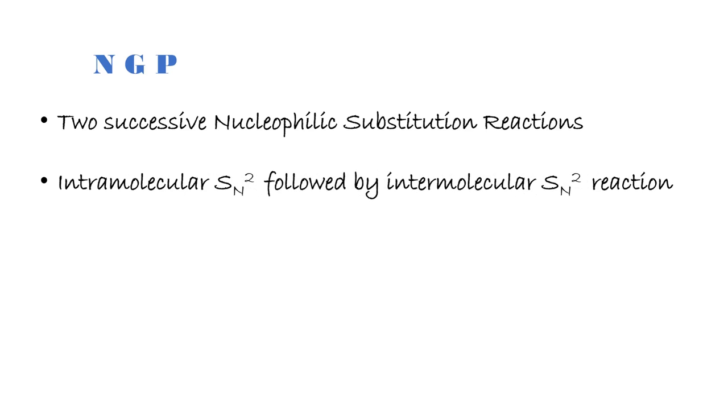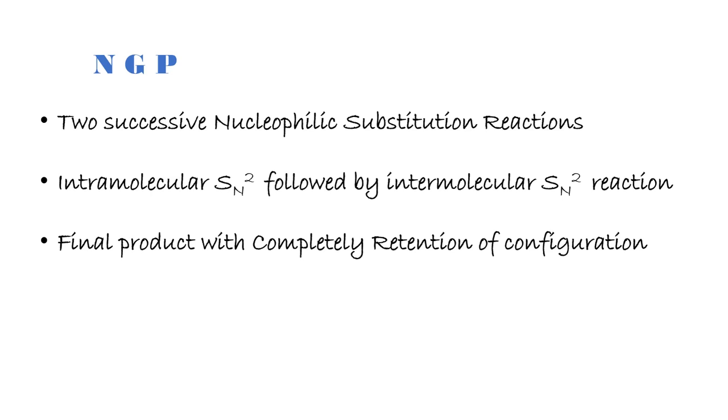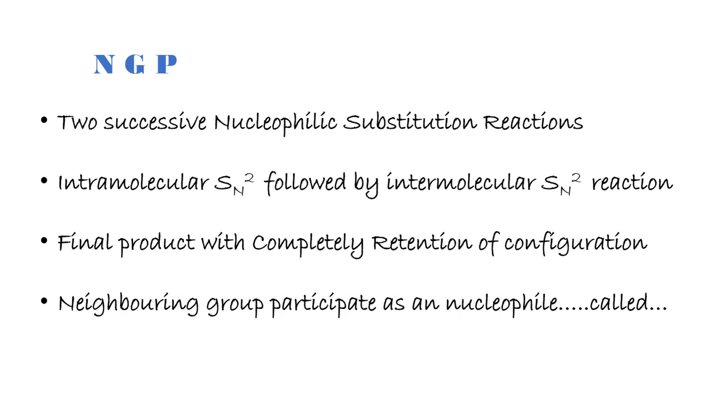The first one is an intramolecular SN2, meaning the SN2 reaction happens within one molecule, and it is followed by an intermolecular SN2 reaction. From the NGP reaction, the final product is obtained with complete retention of configuration. Finally, as the neighboring group participates as a nucleophile in this reaction, it is called a neighboring group participation reaction, that is NGP.